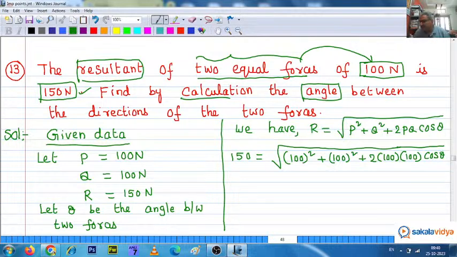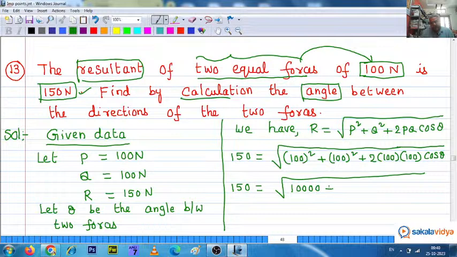I hope it is very clear. So, let us proceed for the simplification. 150 is equal to square root of 100 square. 100 square is equal to 100 into 100. So, you will be getting 1 followed by 4 zeros, right. That means 10,000 plus this is also 10,000, clear, plus 10,000 into 2, 20,000, 4 zeros, cos theta you will be getting.